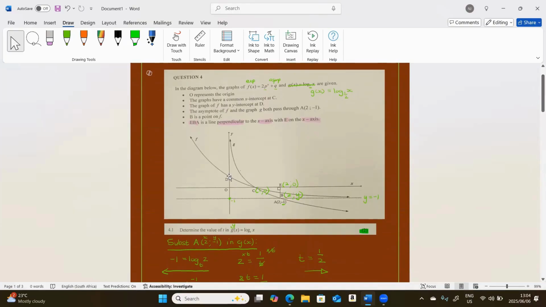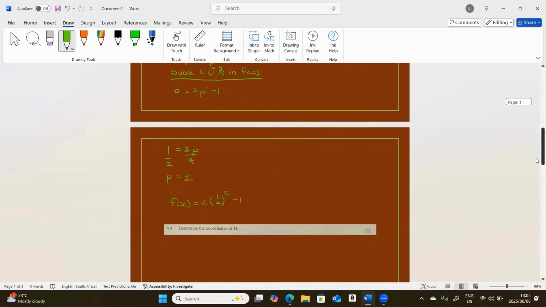The coordinates of D is the y-intercept of f. And for a y-intercept, we know that x is going to be 0. We know that x has to be 0. Let's just go and get that then.